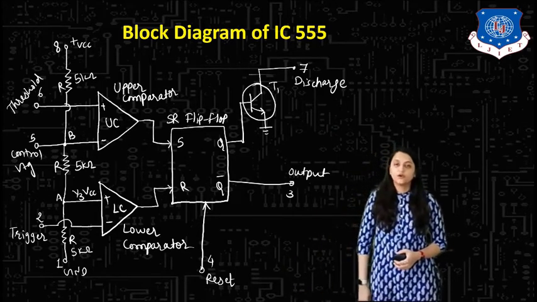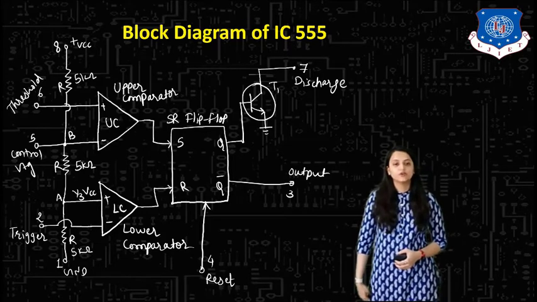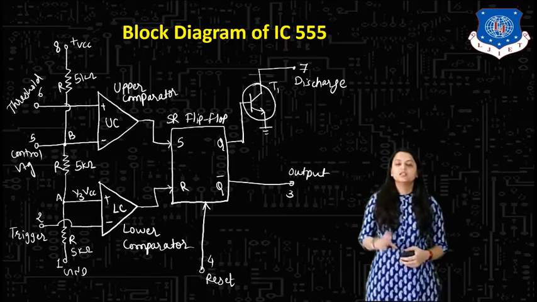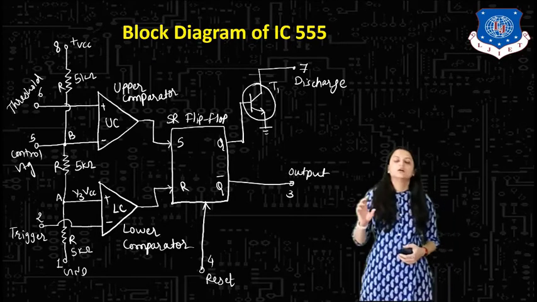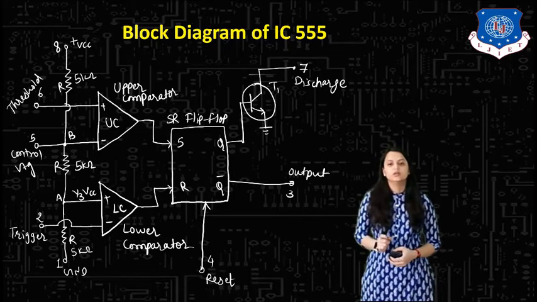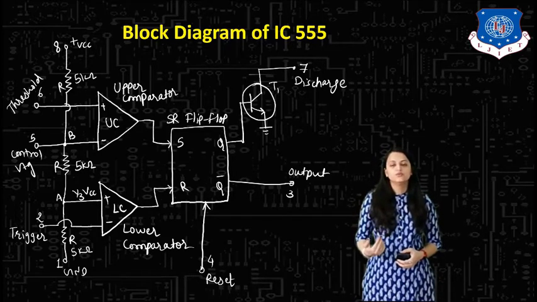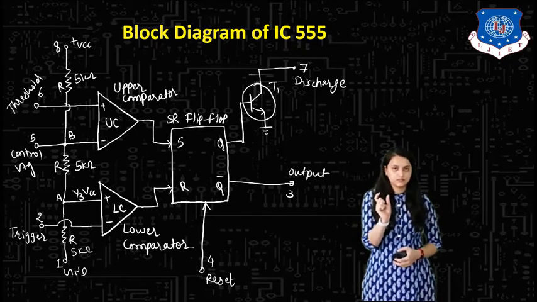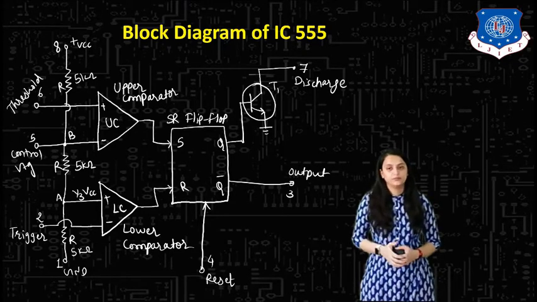Pin number 2 is for trigger. Pin number 5 is for control voltage and pin number 6 is for threshold. So these are the pin numbers for the IC 555. Here the resistances used are 5 kilo ohms. So these are the internal blocks for the IC 555.